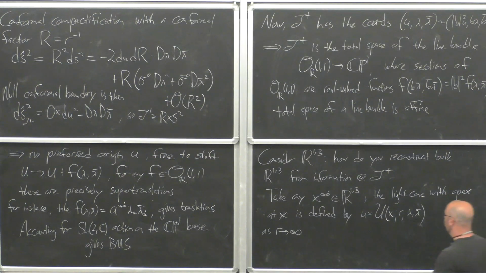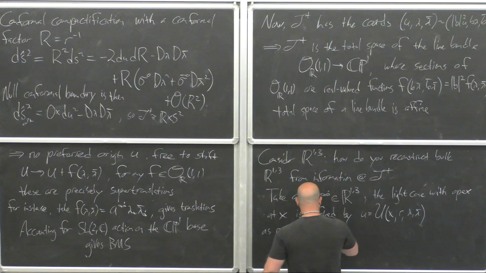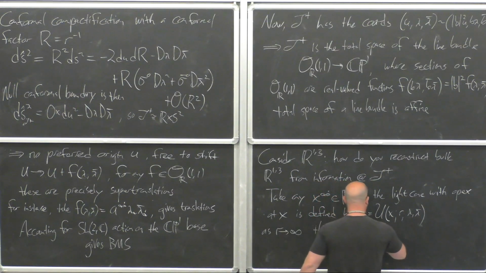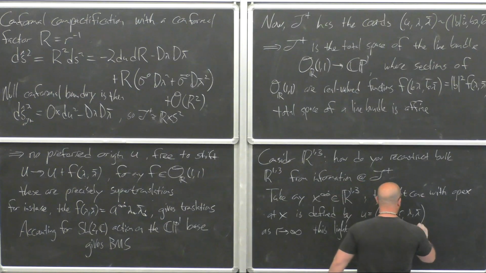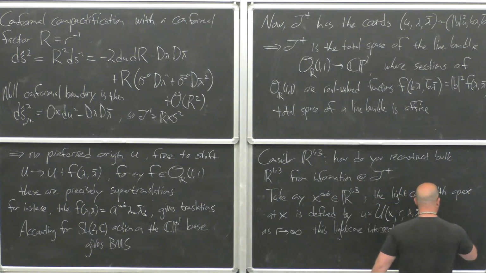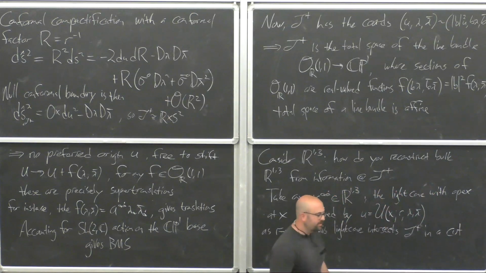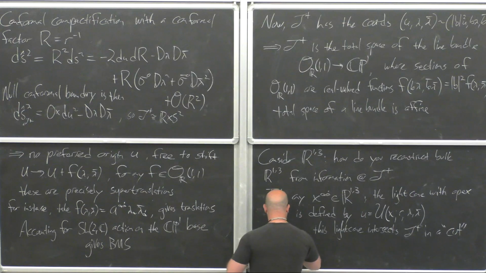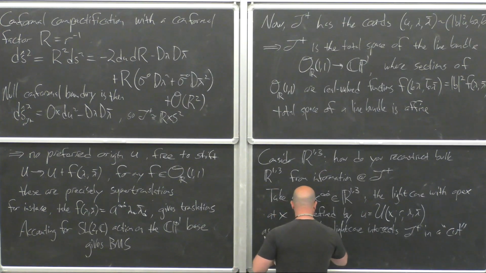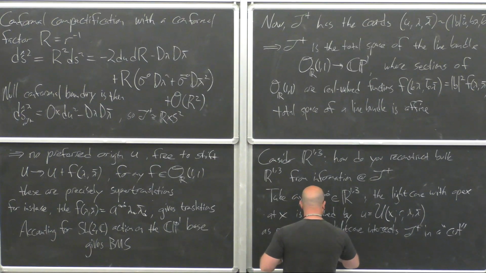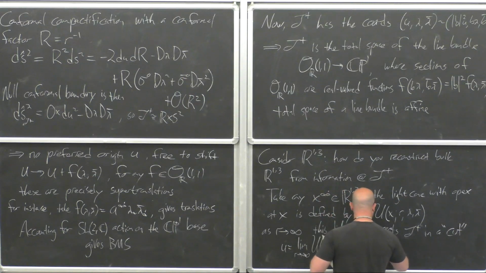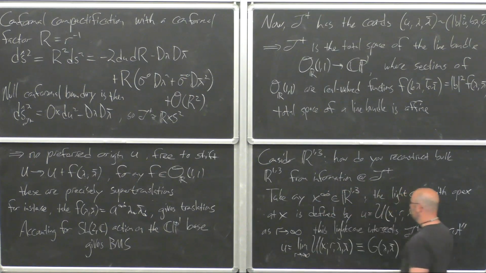Right? And we call this intersection a cut. And this is defined by u equal to the limit as r goes to infinity of this light cone function. And we'll call this G of λ and λ bar.